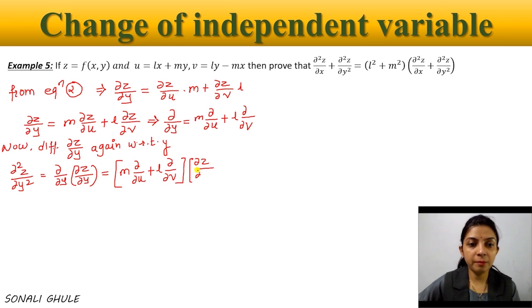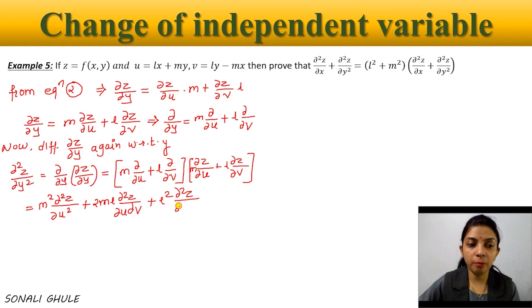It is m into dou z by dou u plus L into dou z by dou v. Right? Solving the product of these two brackets, that will give me m square dou 2z upon dou u square plus 2ml dou 2z upon dou u dou v plus L square dou 2z upon dou v square. Okay. Now here I got the value for dou 2z upon dou y square.